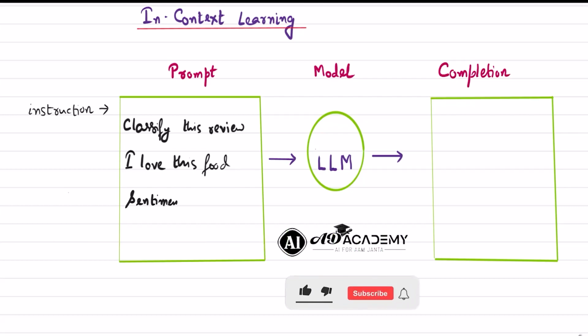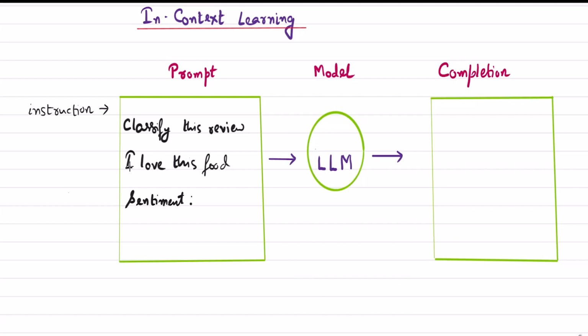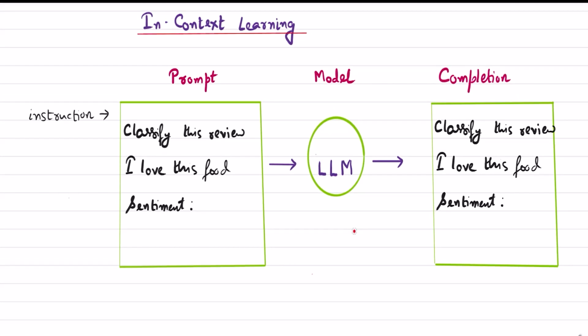The prompt consists of the instruction to classify the review, followed by some context, which in this case is the review text itself, and an instruction to produce the sentiment at the end. This method, including your input data within the prompt, is called zero-shot inference or zero-shot learning.